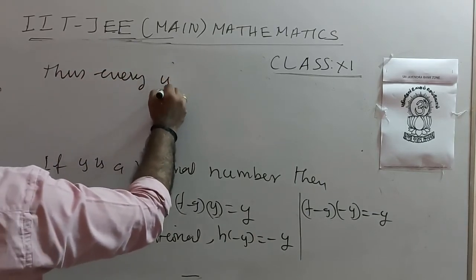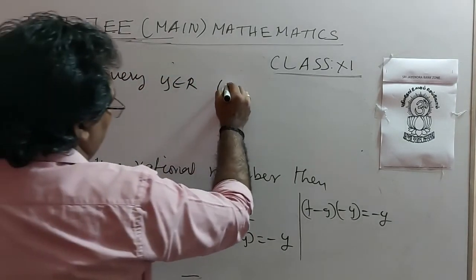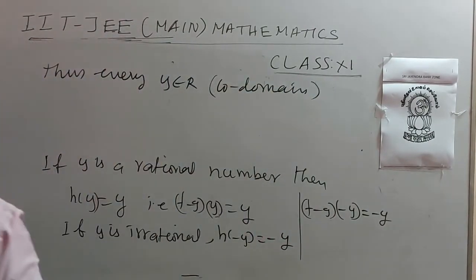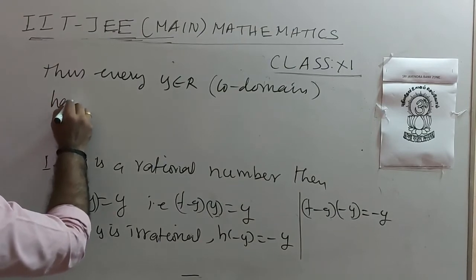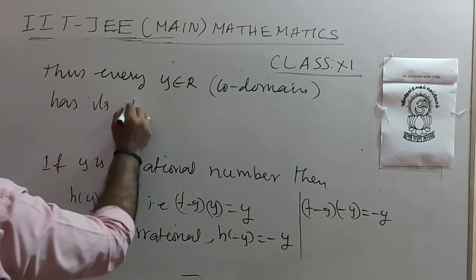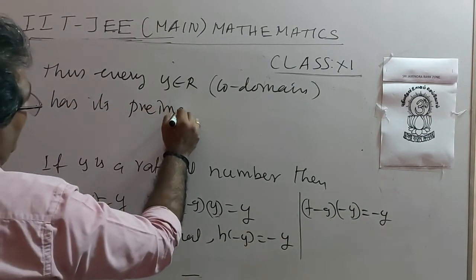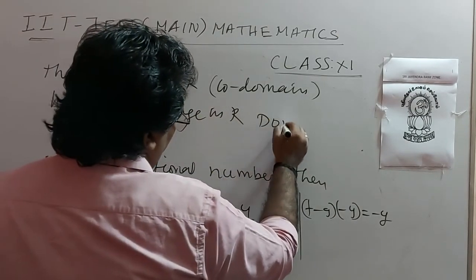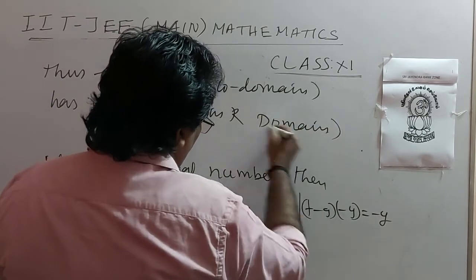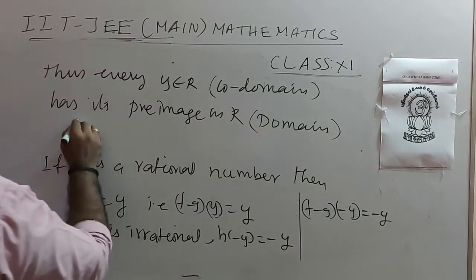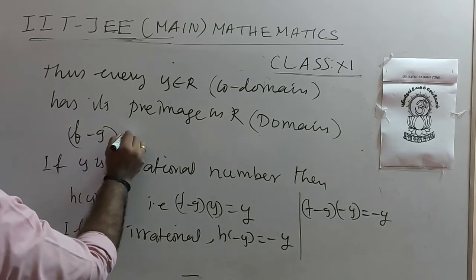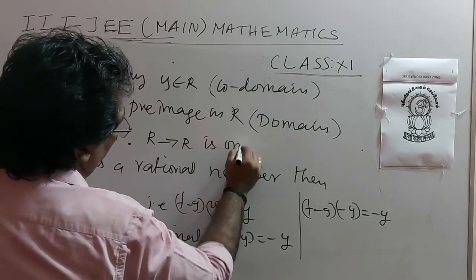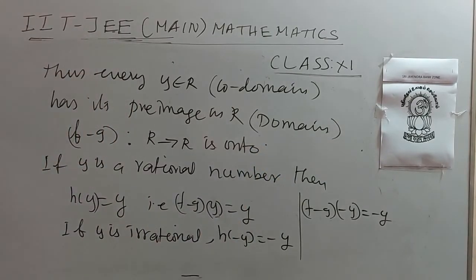Thus every y belongs to R, that is codomain, has its preimage in R, that is domain. Therefore, f minus g from R to R is onto function.